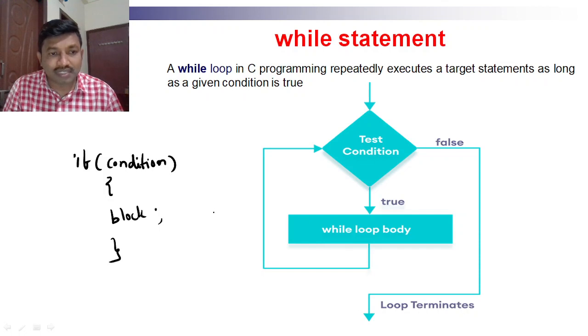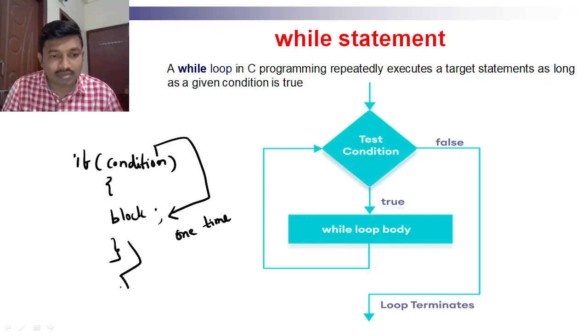The limitation with this if statement is, for example, if the condition is true, the block of statements is going to be executed only one time. Only one time execution happens. Then the control comes out of the block and you will execute the rest of the statements. Am I right? Fine.